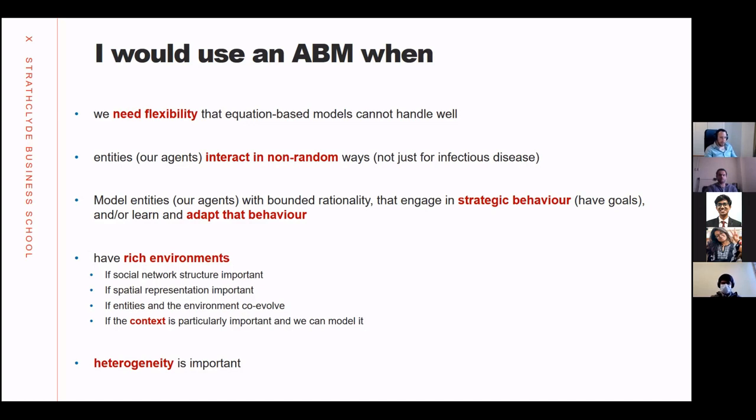And of course, when heterogeneity is important for our model. And more broadly, when all of these different factors come together, if we need to model heterogeneity, but also interaction in non-random ways, and our environment is important, not many other modeling methodologies can really incorporate all of these elements together.